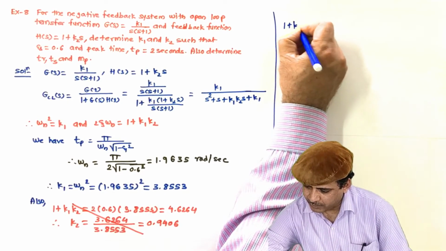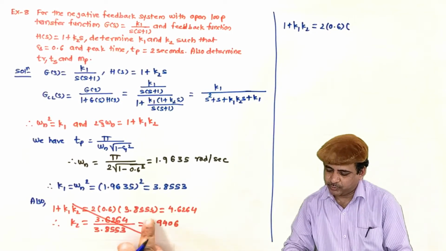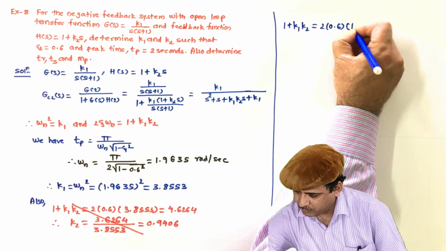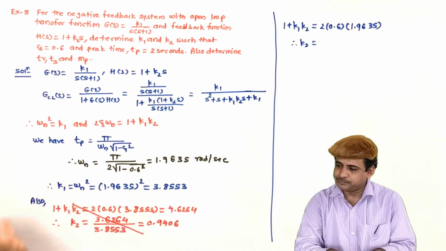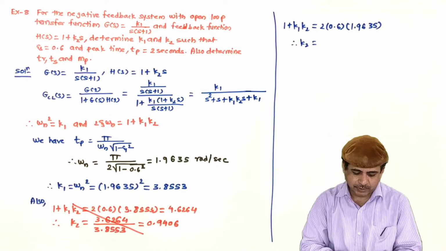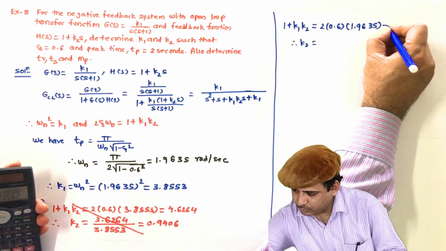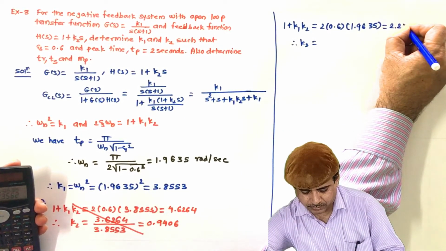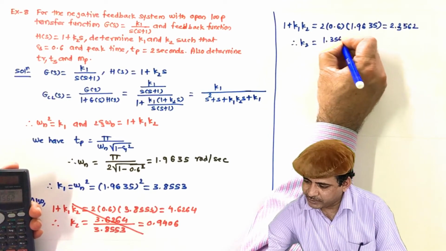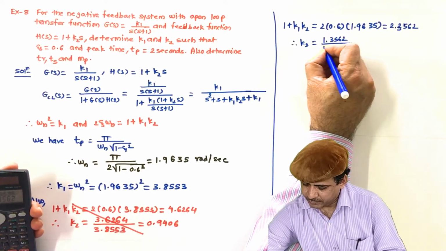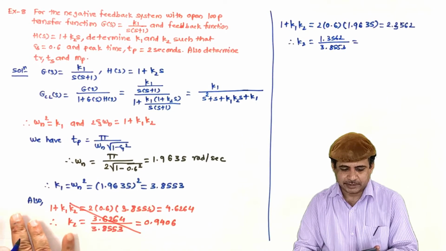So we have 1 plus K1 K2 equal to 2 into zeta, which is 0.6, into omega n, which is 1.9635, and hence K2 is equal to 2 into 0.6 into 1.9635, that is equal to 2.3562 minus 1, so 1.3562 divided by 3.8553, 0.3517 is the answer, 0.3518.